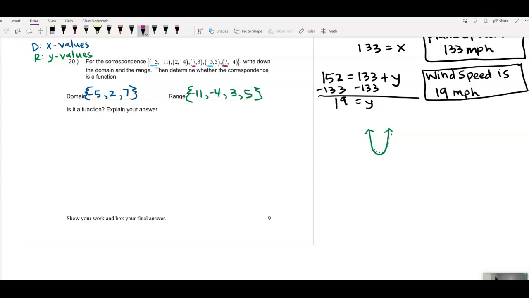If there's even one value that's repeated, then it's not a function, right? Because we can't have repeated x values. We don't care if the y values repeat. We just can't have repeated x values. And you can say that -5 and 7 are not unique. That's how we say it in math. Because they're going to two different numbers.